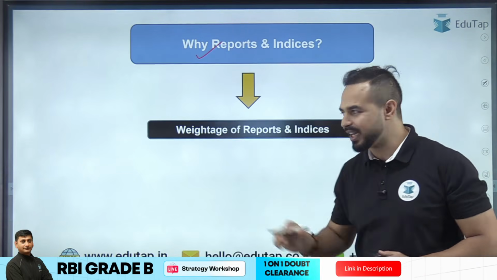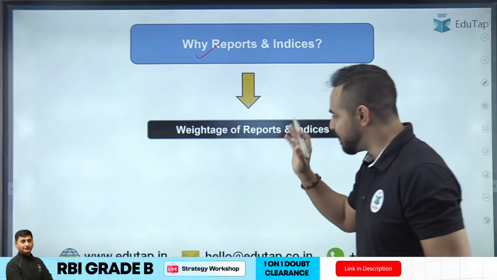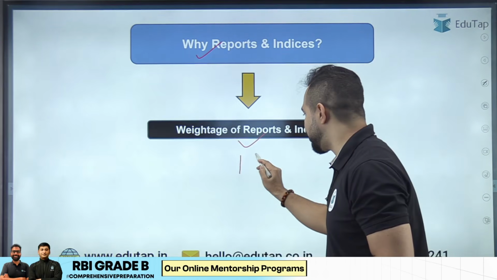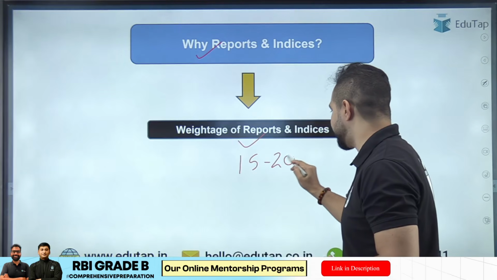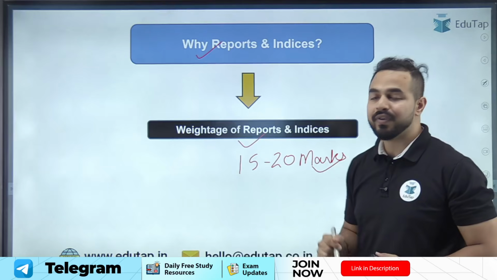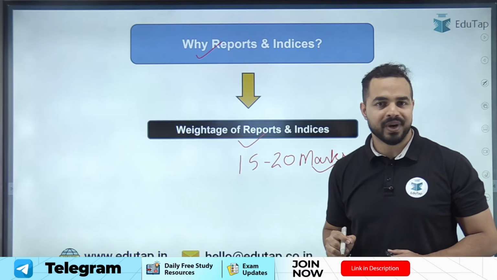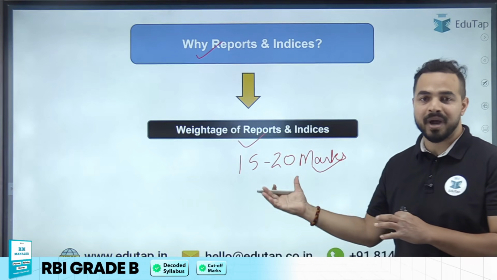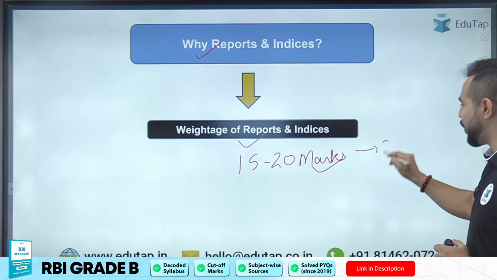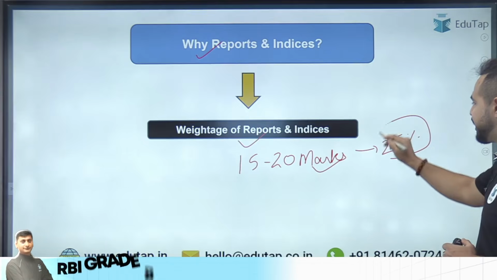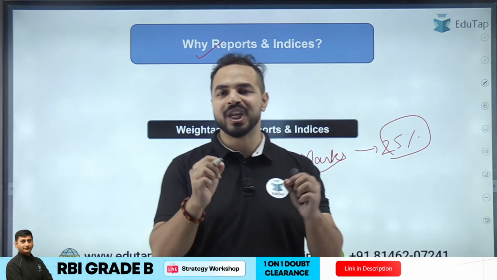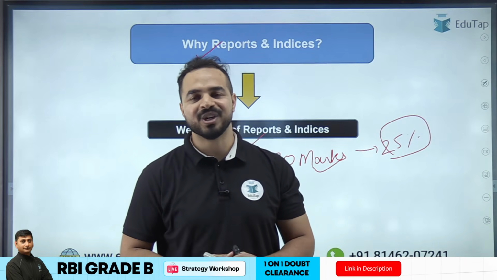Let me tell you, guys, in the Phase 1 exam of RBI, 15 to 20 marks of questions were being asked in the Phase 1 exam of the RBI Grade B Officer exam, right? So in the GA section, 15 to 20 marks of questions are being asked from the reports and indices only, and that is 25% of the GA section. And this is basically the reason why reports and indices are very important to be covered from the examination point of view.